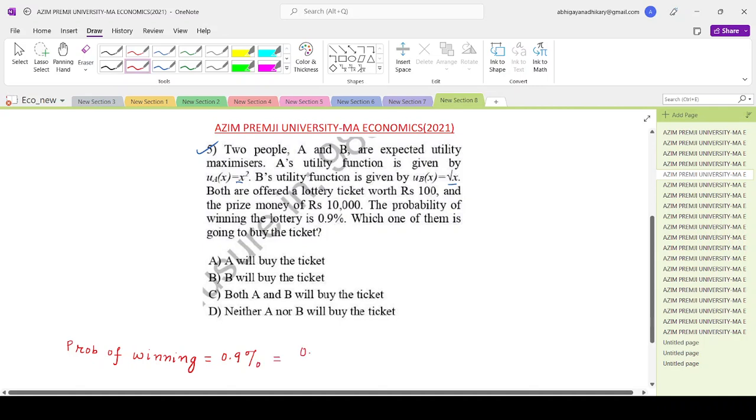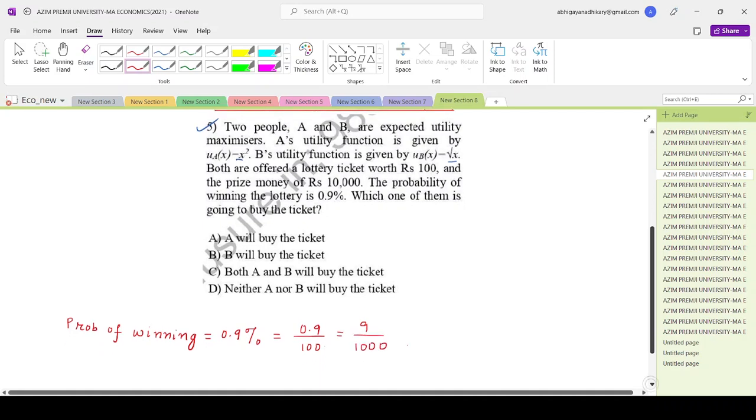So that is 0.9 divided by 100, so that is 9 by 1000. This is the probability of winning. And initial wealth of the individual is how much? He has to pay rupees 100. So obviously he has that money, right? Rupees 100 for both individuals A and B.